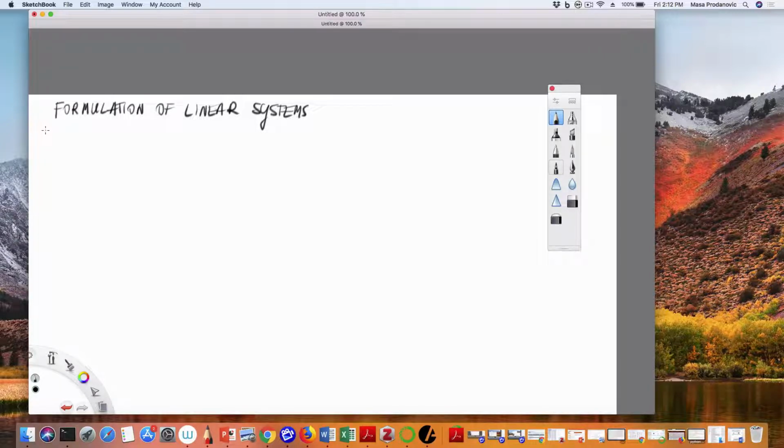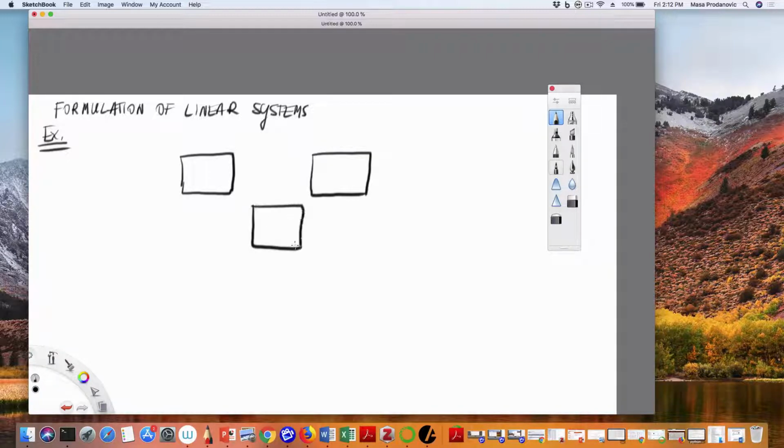So let's, without further ado, start with 3 reactors. Okay, so I have reactors, and I'm going to unimaginatively call them 1, 2, and 3.